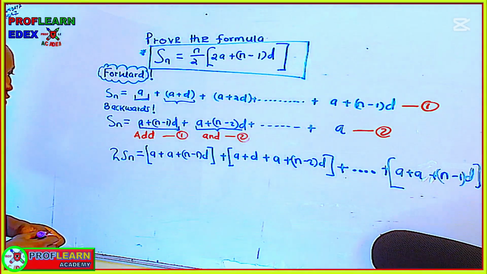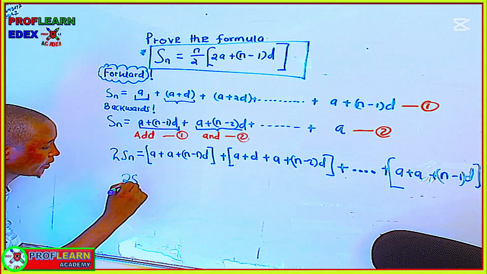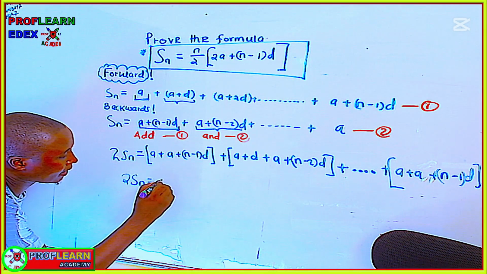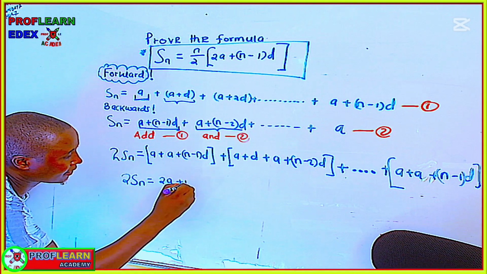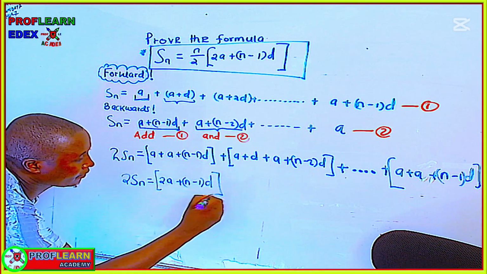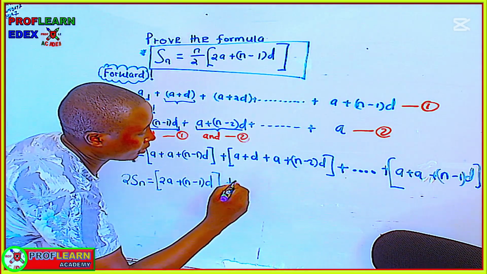Okay, so if we simplify this, we're going to have 2Sn is equal to, adding these two, we shall have 2a plus n minus 1 into d. That is the first pair. The second pair is going to be what?